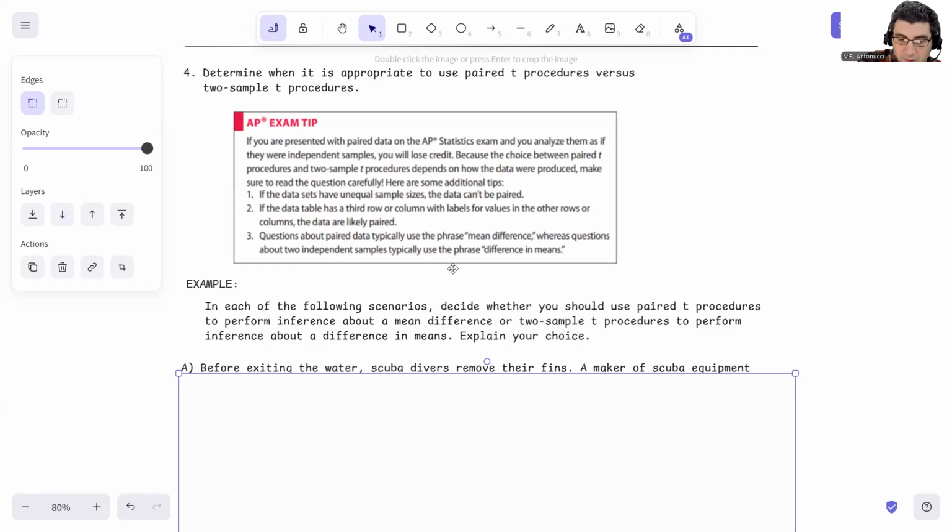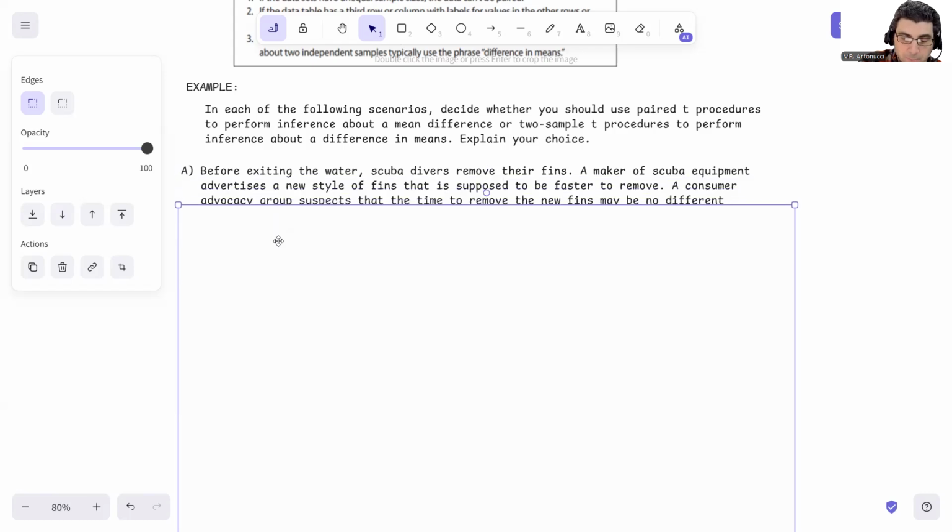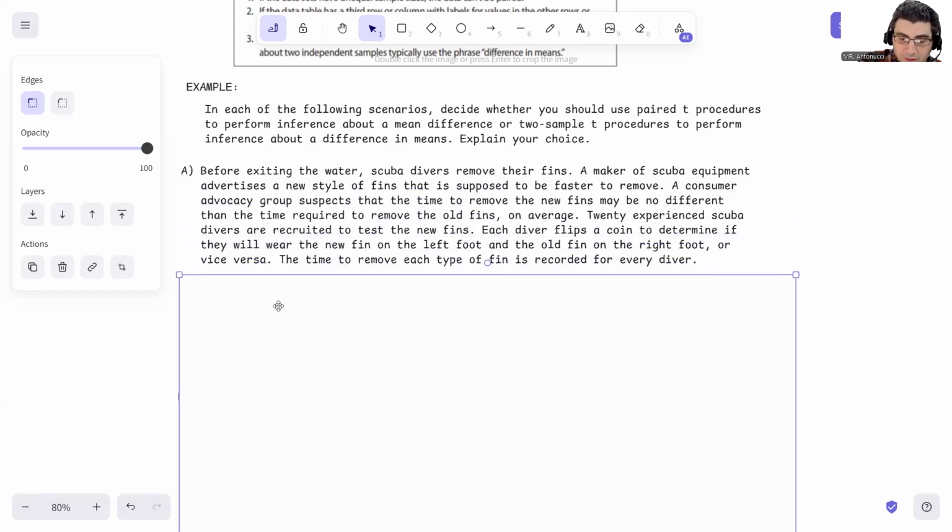So in this example here, we're going to decide whether or not to use paired T procedures or two sample T procedures to do inference and explain why in each one. Before exiting the water, scuba divers removed their fins. A maker of scuba equipment advertises a new style of fins that is supposed to be faster to remove.